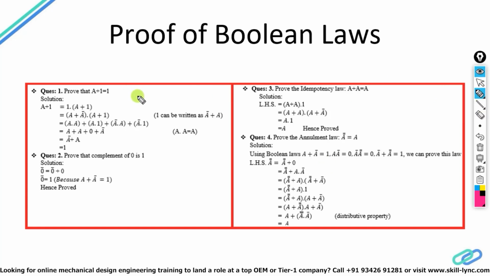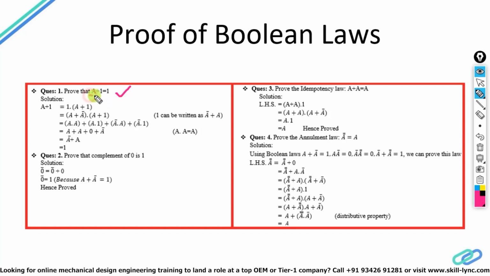So let's start with the first one, that is A plus 1 equal to 1. We have to prove that A plus 1 equals 1, because you will see that we are using this thing. Not only A, anything plus 1 will equal 1. So let us see how we can prove it.